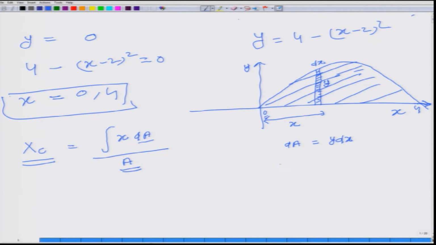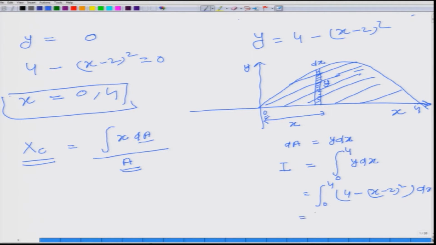So, what will be the total area? Total area would be equal to the integral from 0 to 4 of y dx, where y equals 4 minus (x minus 2) square, into dx.